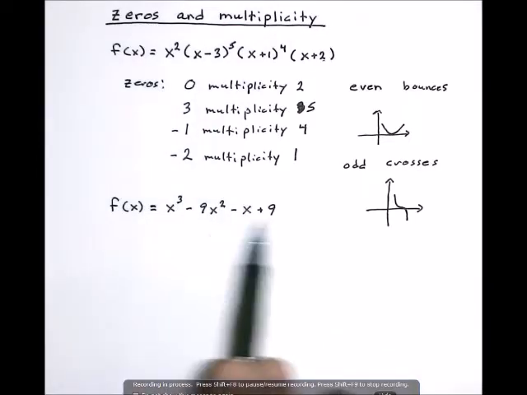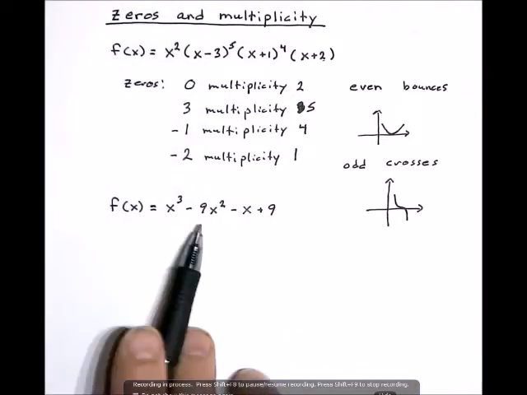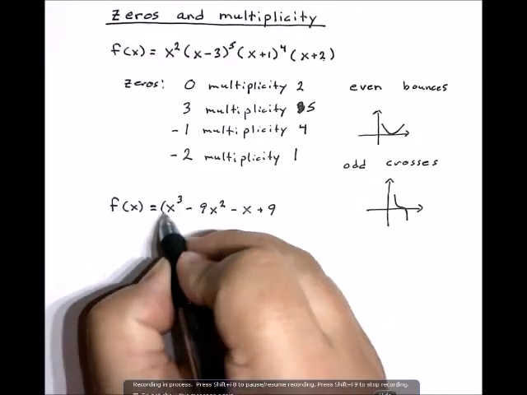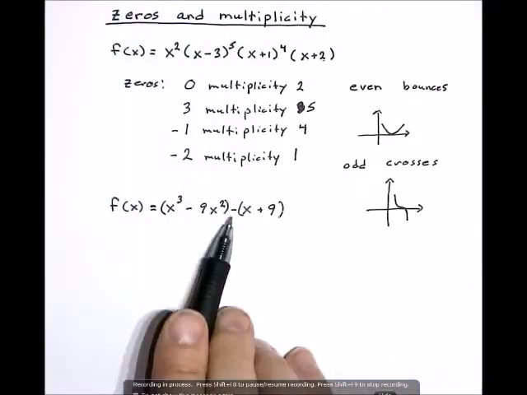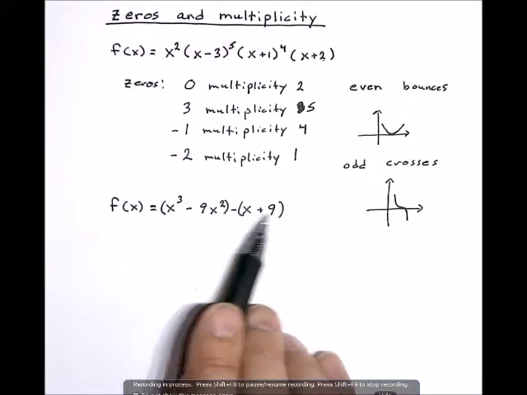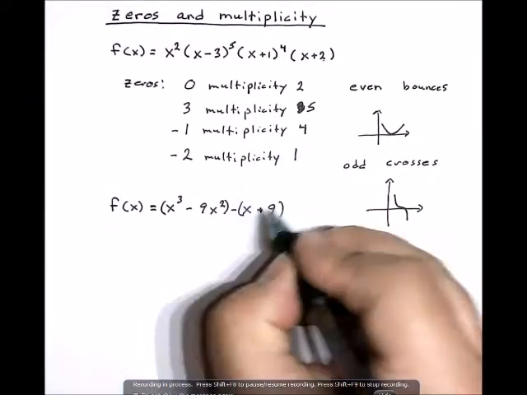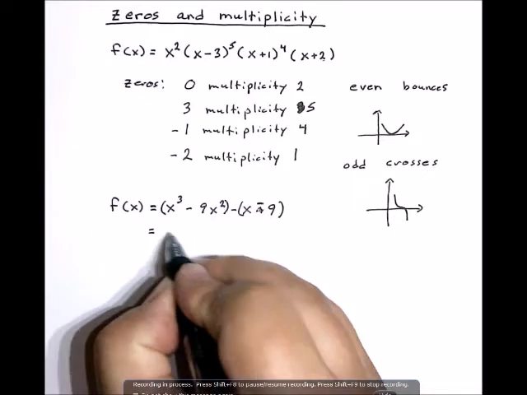Now let's try to find the zeros and multiplicity of this one. Well, this one isn't factored, so we're going to have to do that ourselves. And whenever you have 4 terms, think factor by grouping. And remember, because we have a negative here and we put these parentheses around, that negative has to distribute to both of these, which in effect changes that from a positive to a negative. And now I just look at this and see if there's any common terms I can pull out, and I can pull an x squared out.